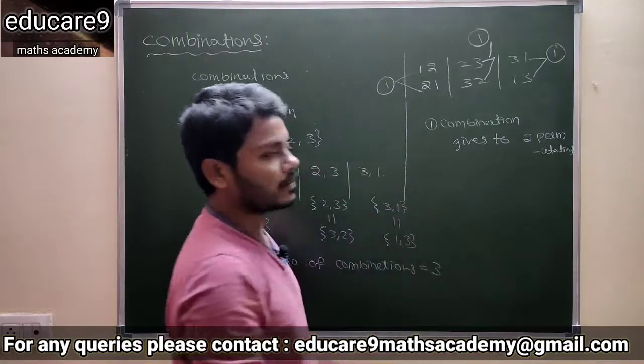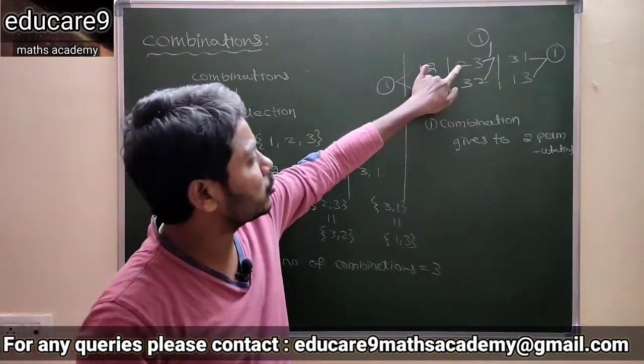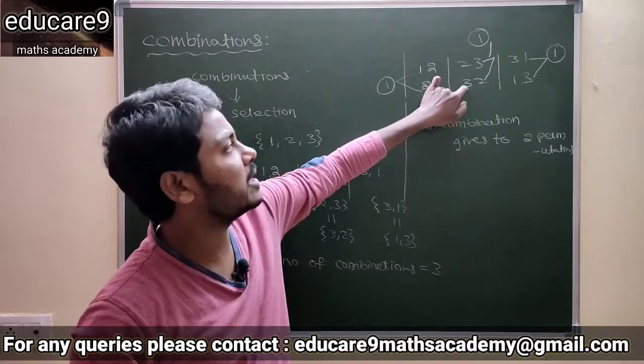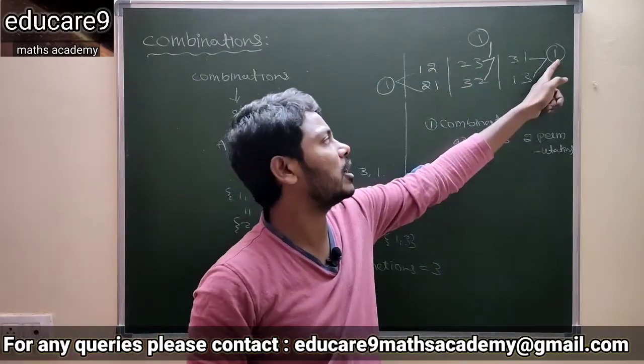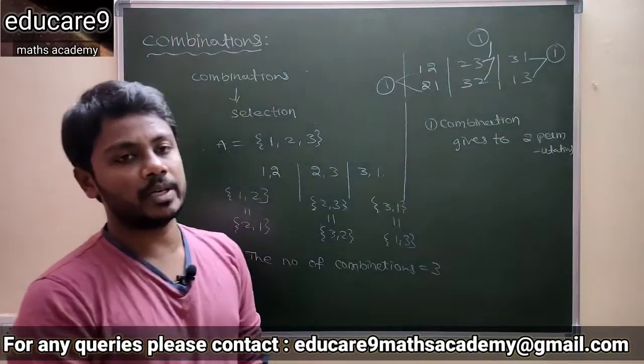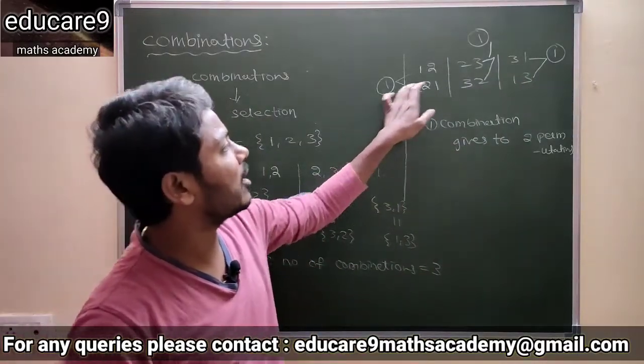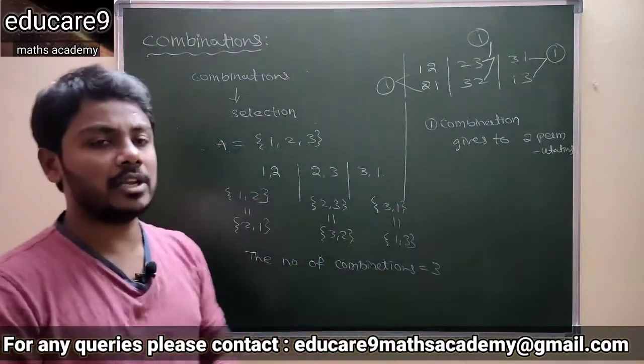So 2 permutations give 1 combination, or 1 combination gives 2 permutations. So the total number of combinations is 3.